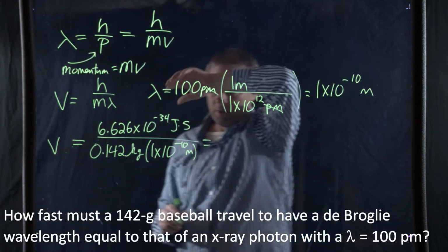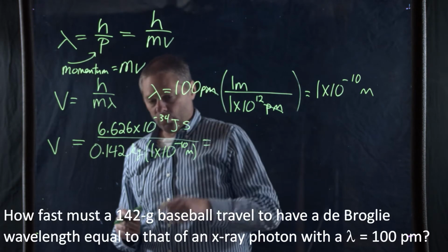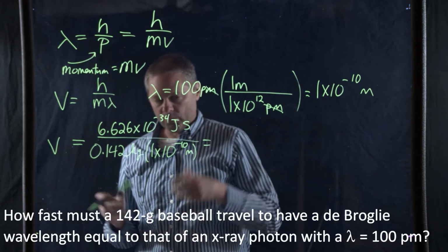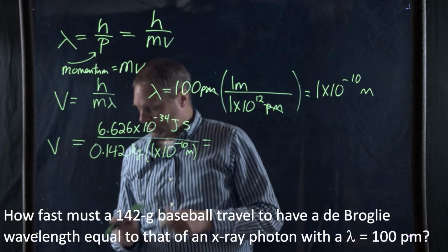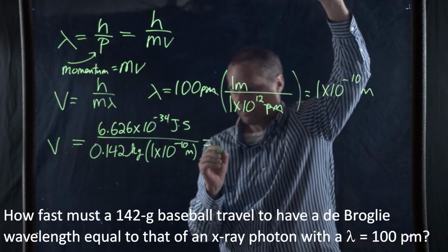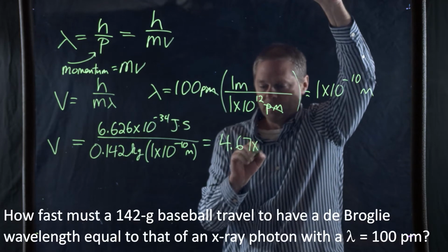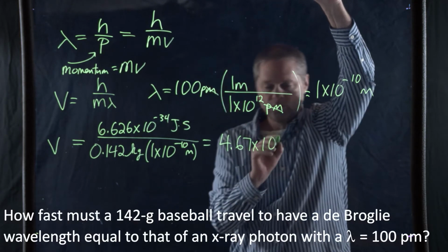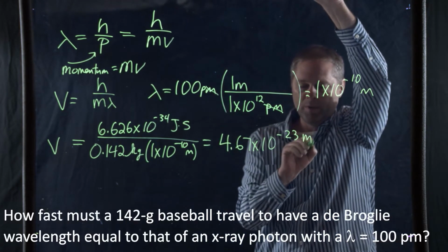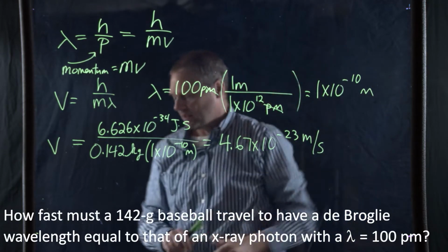We go through and do this calculation, and we're going to end up with meters per second, and this equation gives 4.67 times 10 to the negative 23rd meters per second.